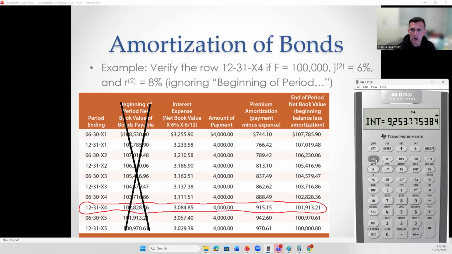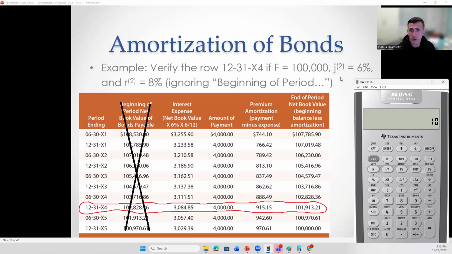As a sanity check, let's get the present value, and that should be this here, the outstanding balance at the beginning of the first period, which is December 31st, X0. So coupons are 100,000 times r, which is 0.04 over 2, so it's 1,000.